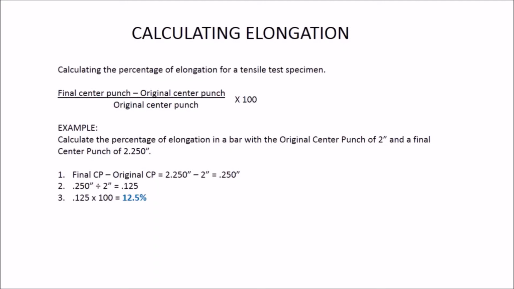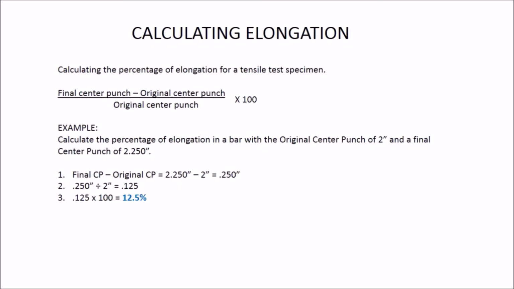First, you take the final center punch minus the original center punch, divided by the original center punch, times 100. Example below. Calculate the percentage of elongation in a bar with an original center punch of 2 and a final center punch of 2.250. So first you take the final center punch minus the original center punch.